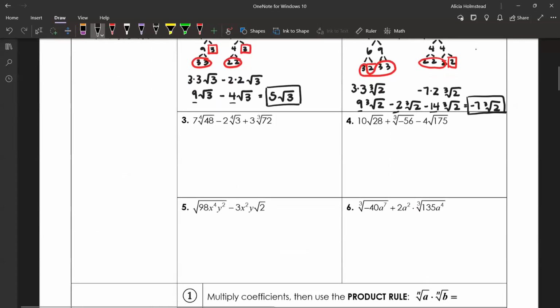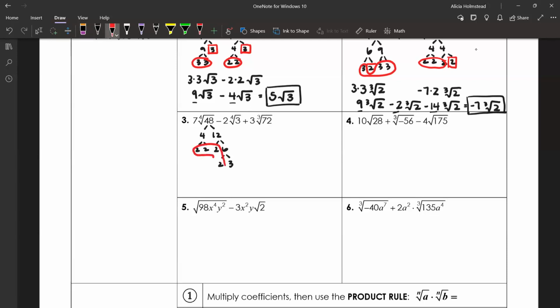Awesome. Number 3. So again, we just got to break down our radicals. So 48 is going to be 4 and 12. 4 is 2 and 2. 12 is 2 and 6. 6 is 2 and 3. Looking for groups of 4.